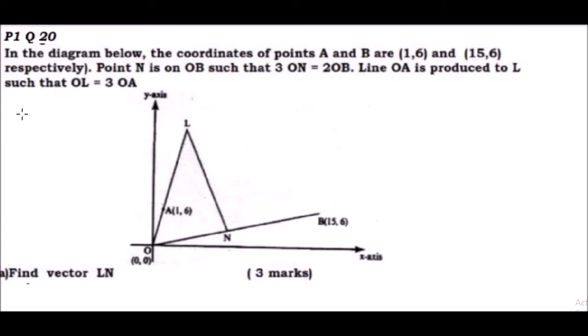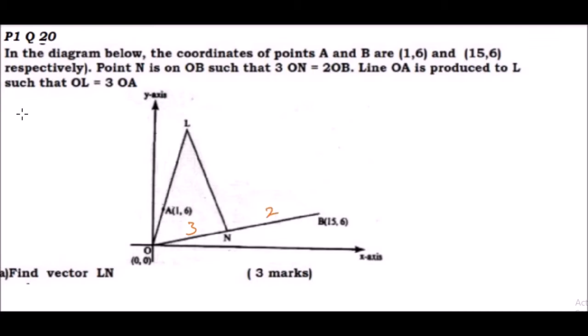Question number 20. In the diagram below, the coordinates of points A and B are (1, 6) and (15, 6) respectively. Point N is on OB such that 3ON is equal to 2OB. So we can say 3, that is 3, and that is 2.